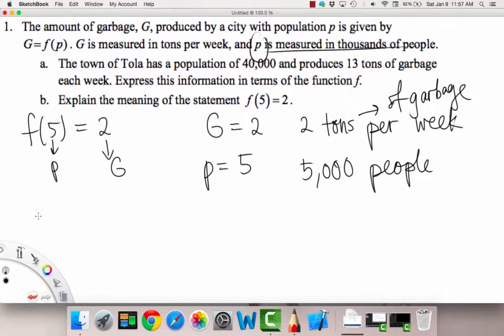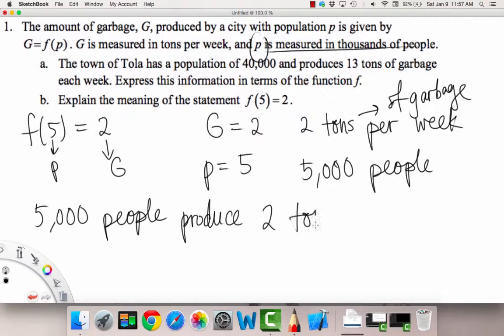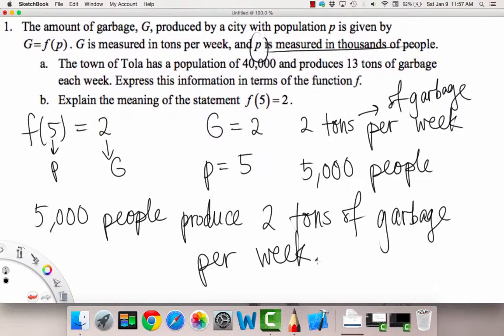So we could say that f of 5 equaling 2 means that 5,000 people produce, according to our function, 2 tons of garbage per week. And that's pretty much the plain English description of this notation, f of 5 is equal to 2, in the context of our problem.